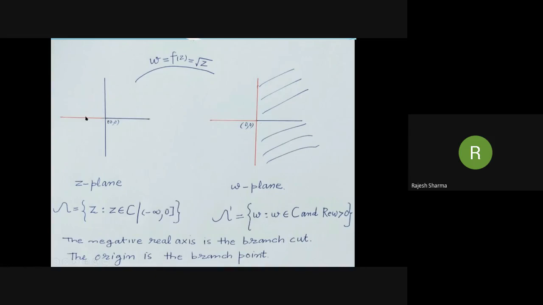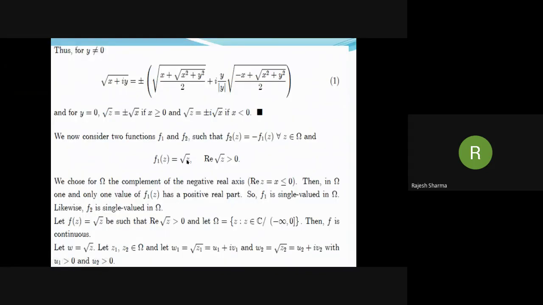Because we have omitted this negative real axis from the complex plane and the remaining part is again a region. Also note that the origin is also omitted from here, and this origin is called the branch point. Now when we have defined this single valued function, then we can discuss continuity and differentiability.